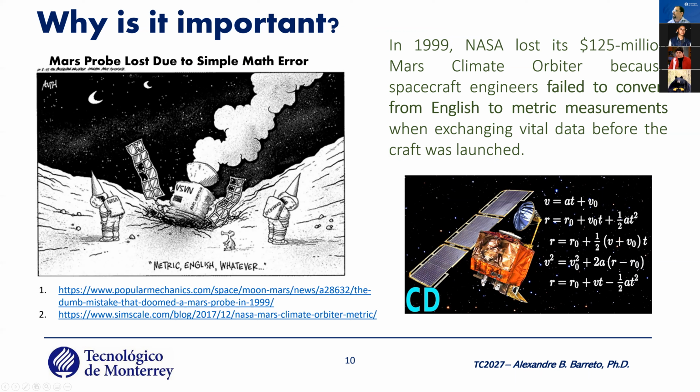What happened is the NASA spacecraft thinks, for example, that 1,000 feet is the distance to land. Sorry, it thinks it is 1,000 meters, but it's 1,000 feet.